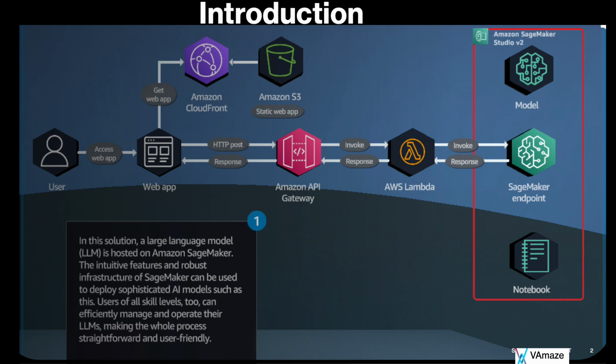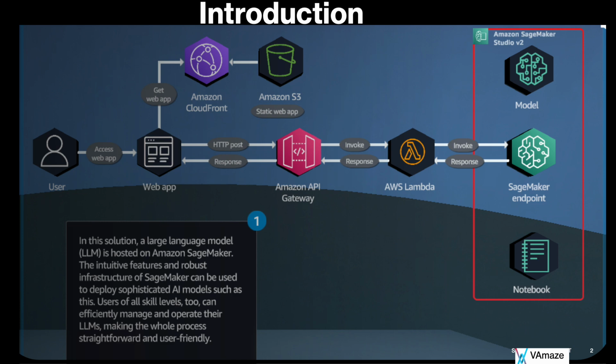Okay, so introduction. Let's go through a quick overview of deploying a generative AI model using AWS. This flowchart illustrates the sample process, starting from the user accessing the web application hosted on Amazon CloudFront and stored in an S3 bucket.